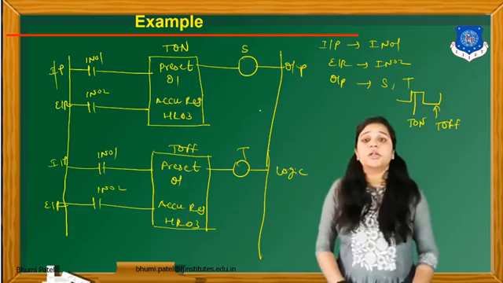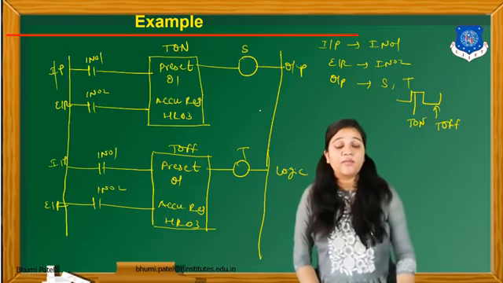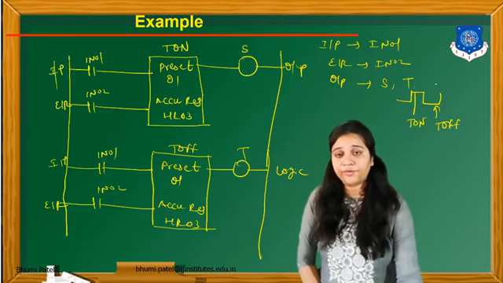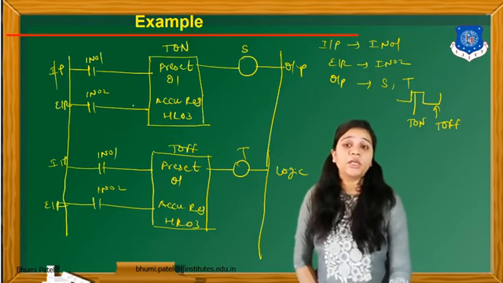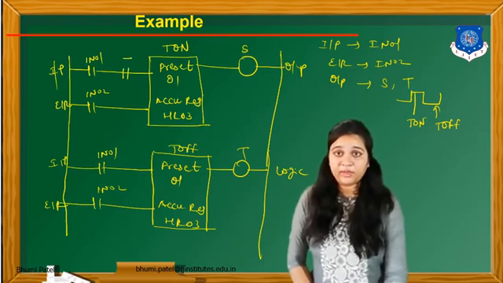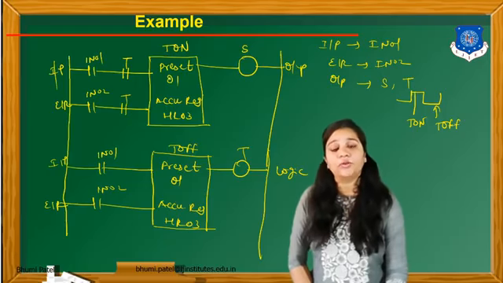Now the must condition of the square wave is that whenever it is in T on mode, T off must be off. So we can use the interlocking process here. Whenever the logic is true, we get the T on timer.